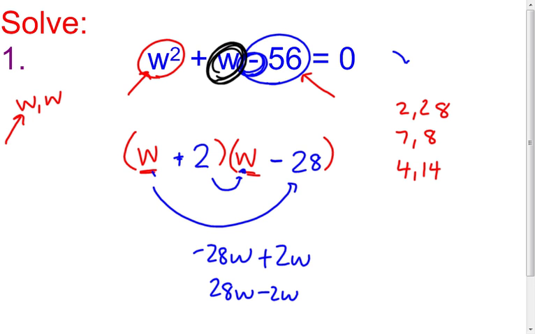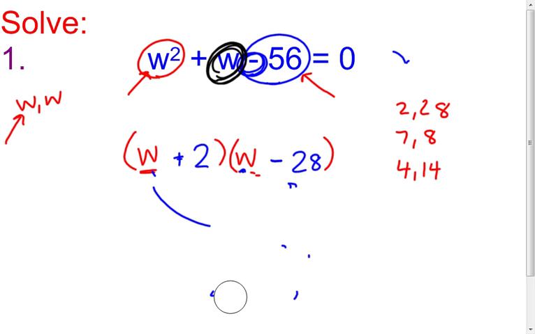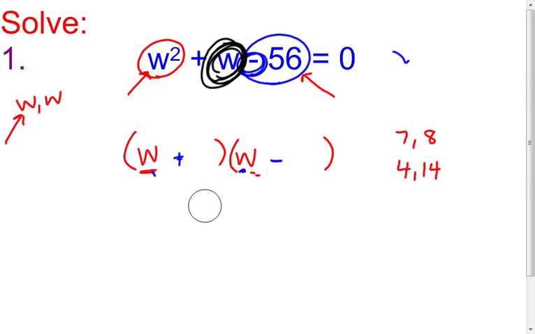I'm not going to get the 1W that I need to get my middle term. Okay? I'm not going to get the 1W that I need to have right here. Okay? So 2 and 28 isn't it either. Okay? So now I'm going on to my next factor. 7 and 8. Okay? So I will try 7 and 8.